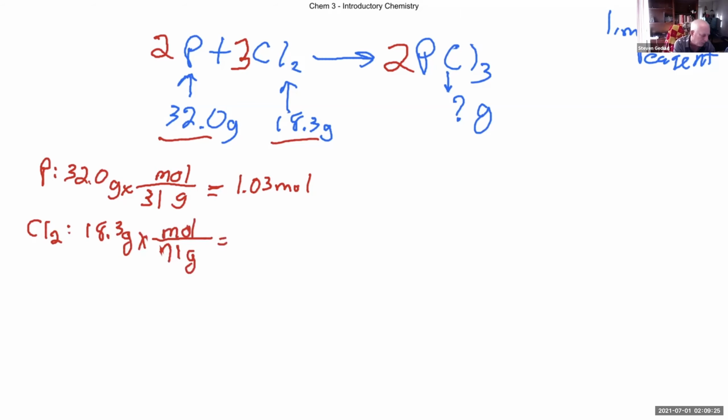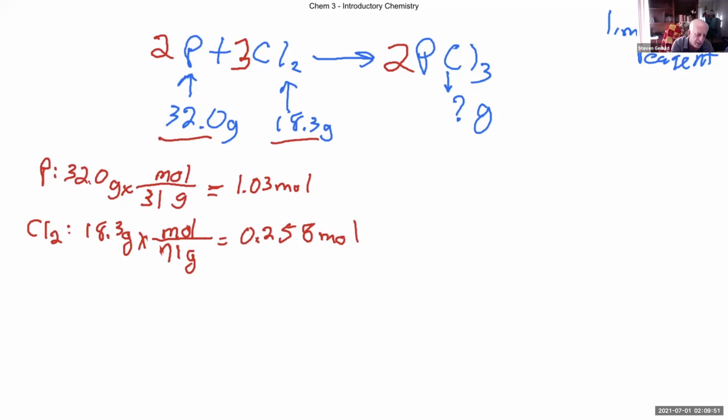So 18.3 divided by 71 comes out to 0.258. Okay. I mean, I got a lot more moles of phosphorus, but the ratios might be different. The numbers might be close.